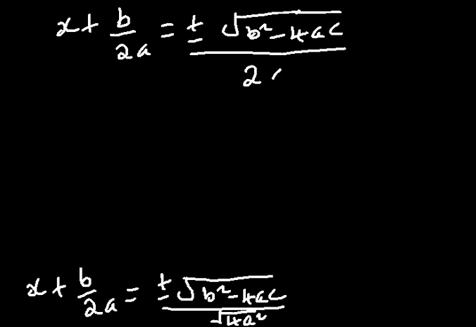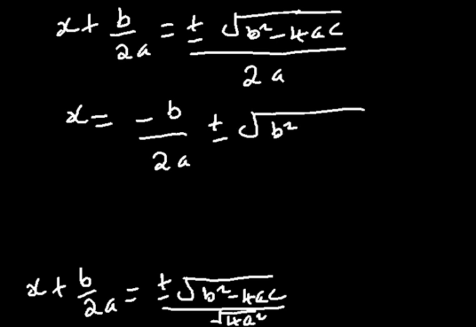This is the same as 2a. Now for that case we have to transfer this to the other side. We'll have x being equal to negative b divided by 2a plus or minus the square root of b squared minus 4ac divided by 2a.